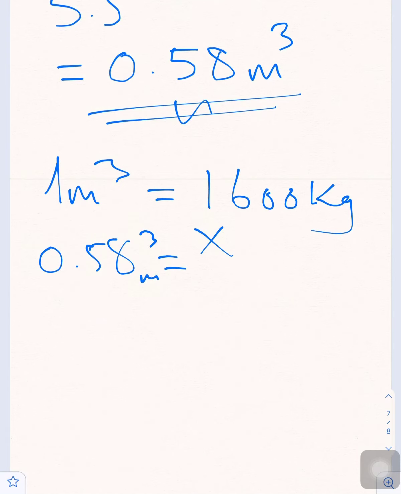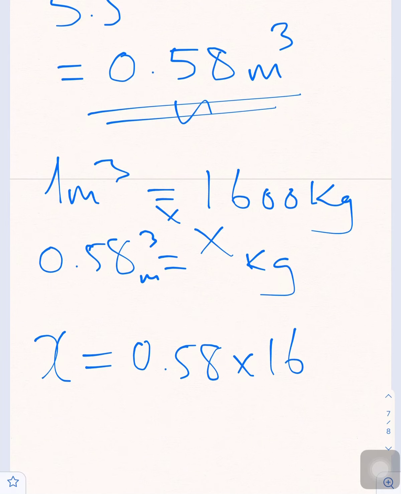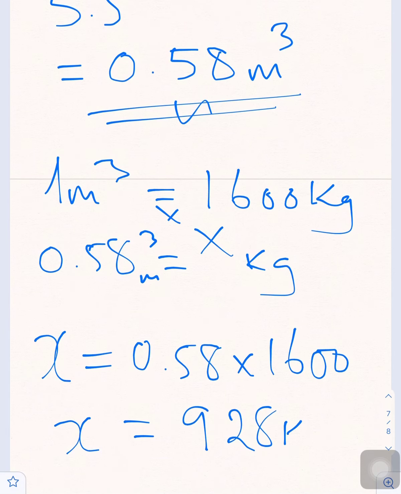We do not know, so we do our mathematics by cross multiplication. So x, the unknown quantity of sand, is 0.58 multiplied by 1600. When you multiply, we have exactly 928 kgs.